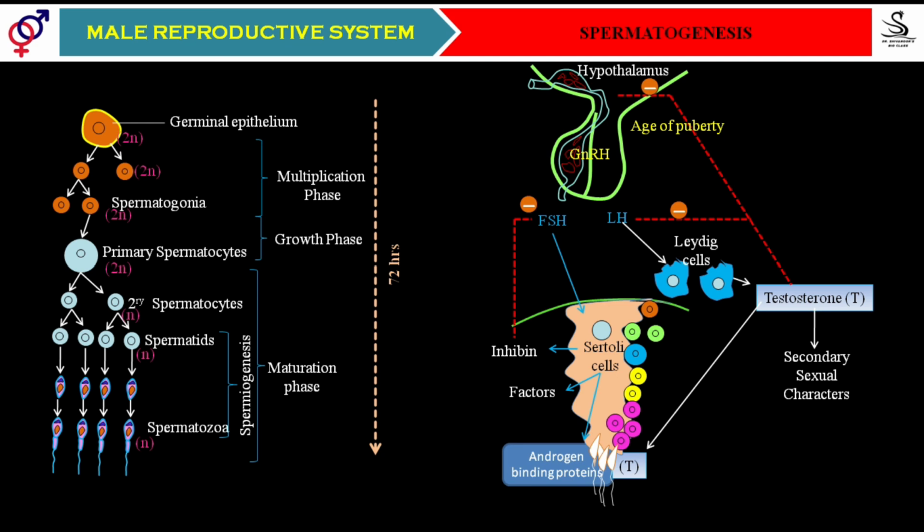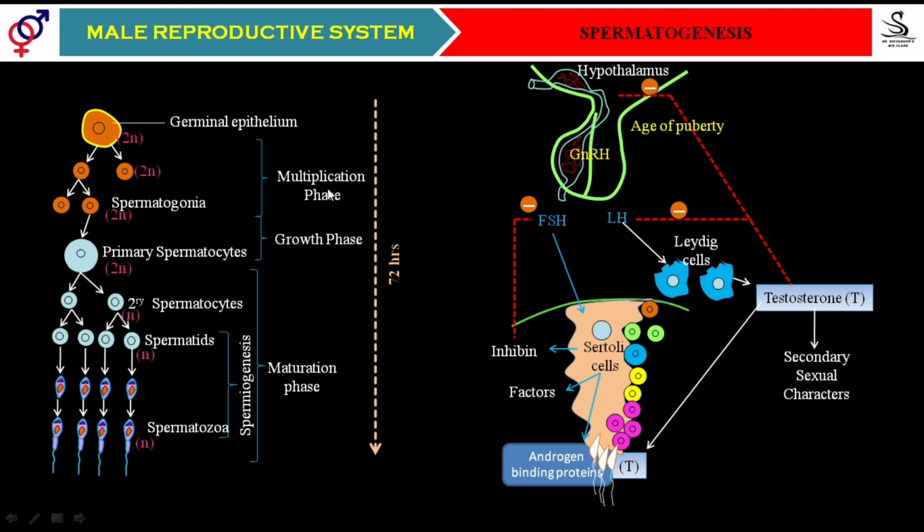I hope by this class you have properly understood how spermatogenesis occurs and how hormonal regulations take place. If in the theory exam they ask you to sketch and represent spermatogenesis, you have to sketch it like this. And if they ask questions on hormonal regulation, you must remember this.